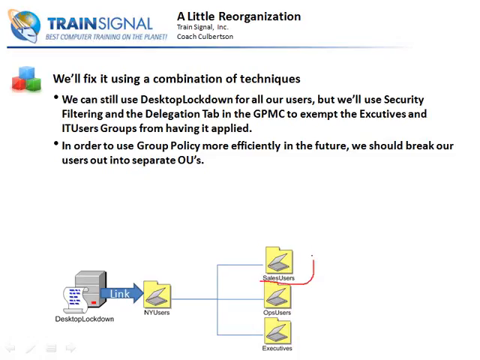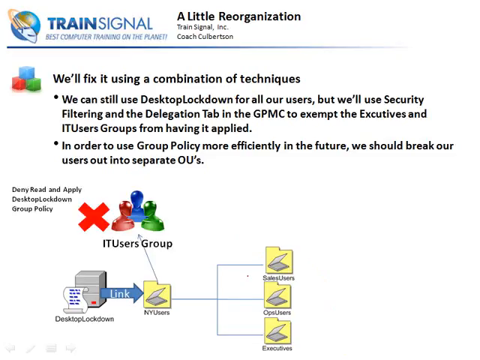But again, we're going to be breaking out sales users, ops users, and the executives into 3 separate organizational units, because we still want to create an organizational unit structure that's going to be expandable and it's going to make sense for us in the future. But we're going to do that whole security filtering technique to make sure that when we create our IT users group, which we're going to have to do, right, because it doesn't exist yet, we're going to apply a deny, read, and apply group policy for the desktop lockdown.